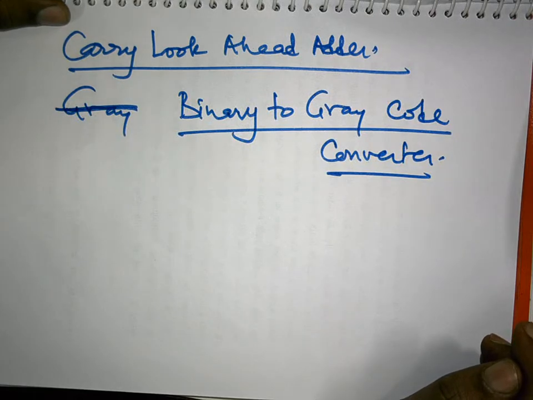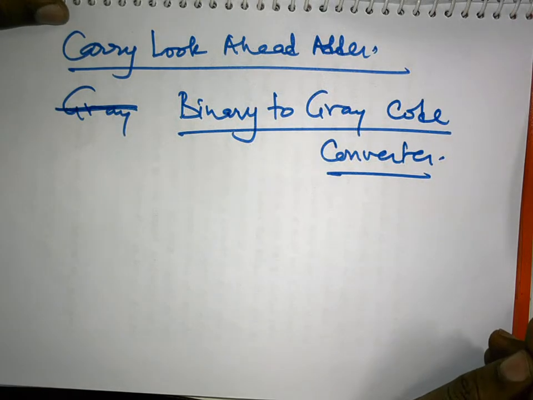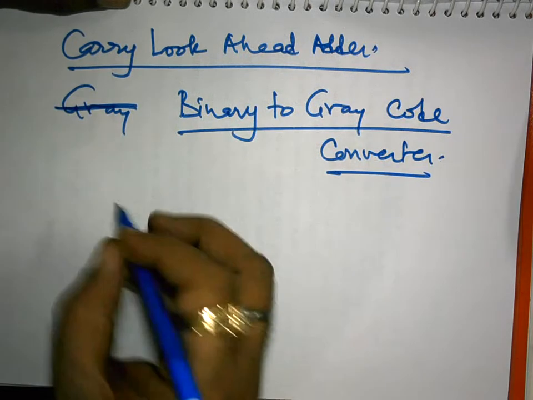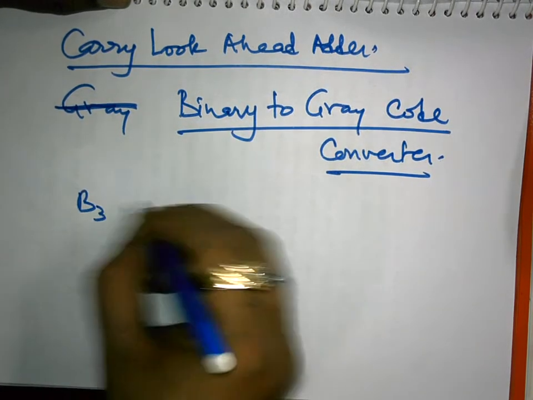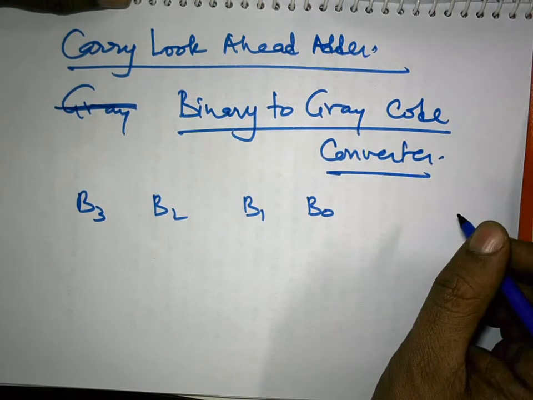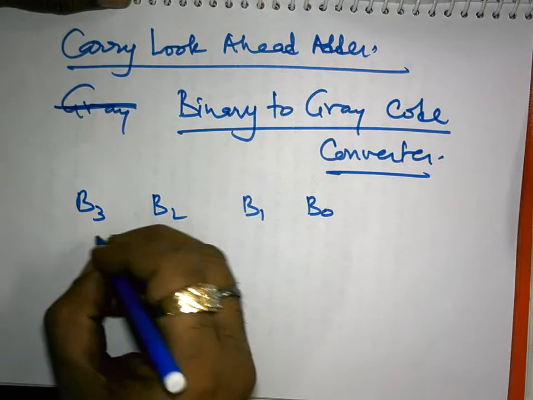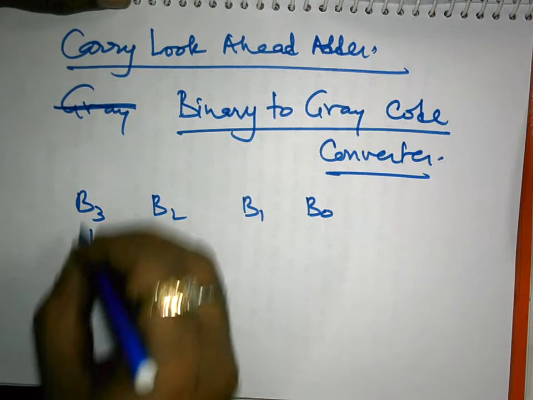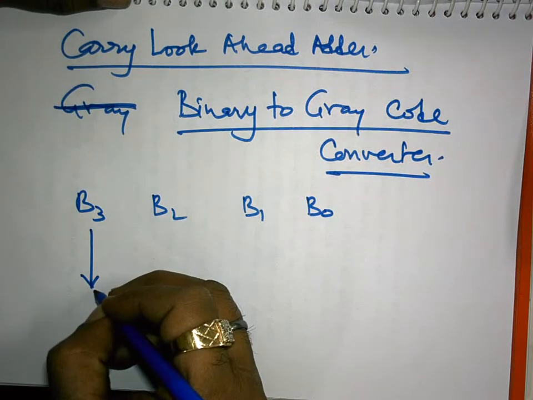Suppose a 4-bit binary is given to you and you have to obtain the gray pattern for it. What is the algorithm to obtain a gray code from a given binary? Suppose B3, B2, B1 and B0 are given to you. Then to obtain gray, you simply make a copy of the MSB bit.